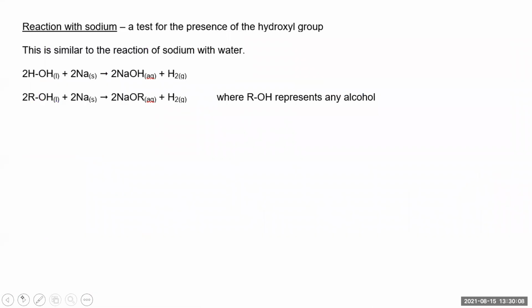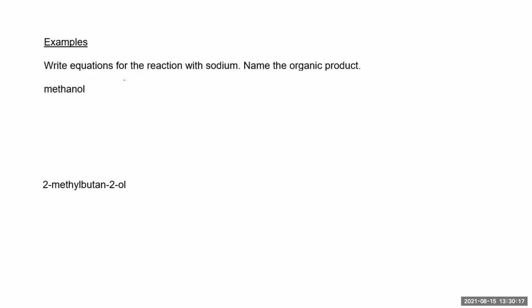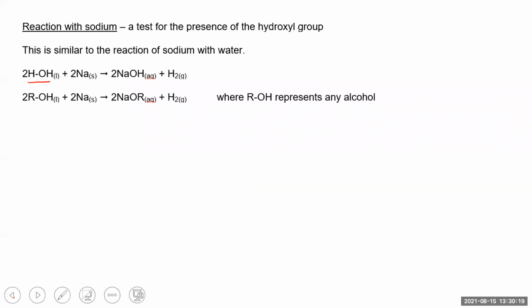So let's have a look at how this reaction occurs. So we know the reaction of water, H2O with sodium, produces sodium hydroxide and hydrogen gas. We've seen this reaction probably since we were in middle school.